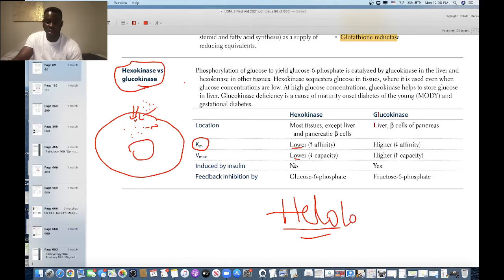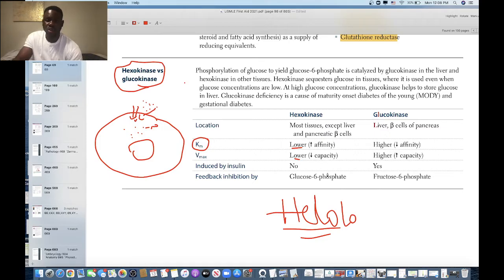Low Km, low Vmax. Hexokinase has low Km and low Vmax, both of them. Low, hexo, low, like you're saying hello to somebody, and the opposite applies to the glucokinase.